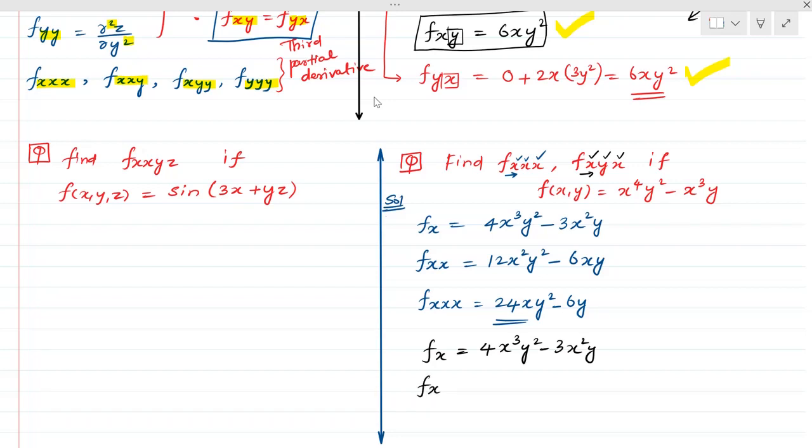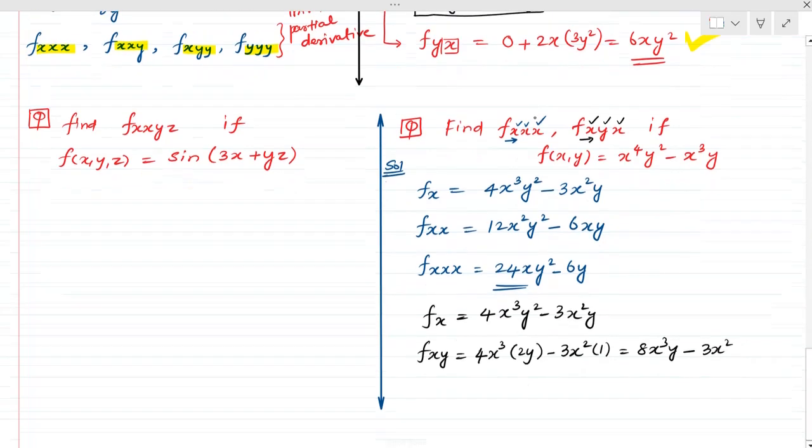So f_xy: 2 multiplied, you will get 8x^3 y. So 2y I directly multiply, or if you are confused, you can write one more step: 2y minus 3x^2 times 1. After multiplying, you get 8x^3 y minus 3x^2.